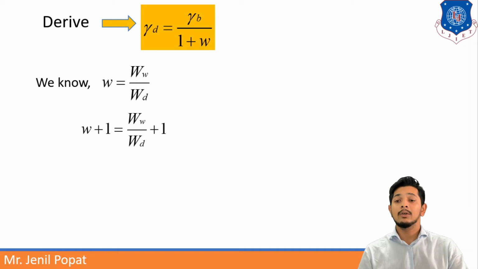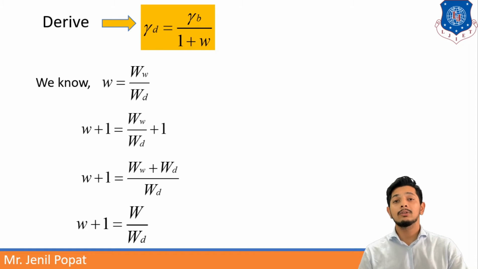Now adding 1 on both sides, we can get this. After doing some mathematical calculations, we can also write w plus 1 is equal to capital W upon WD, as capital W is equal to WD plus WW.